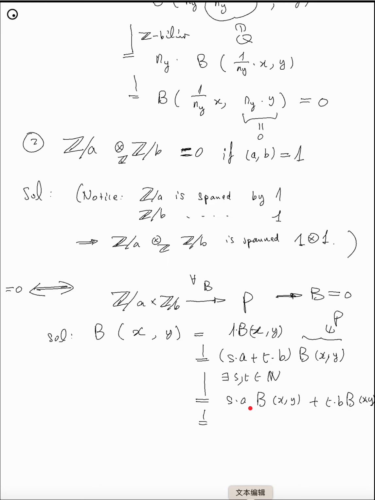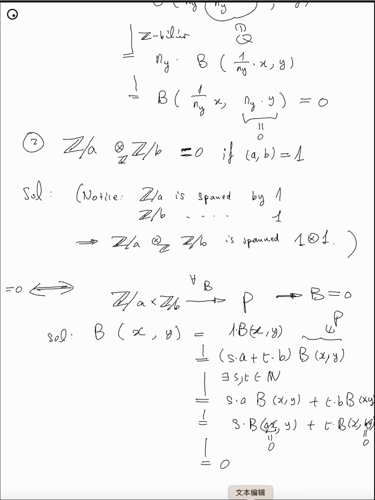Of course, I'm moving just a in the first position to kill it, and moving b to the second position to kill it, so both equal 0, so this is 0.